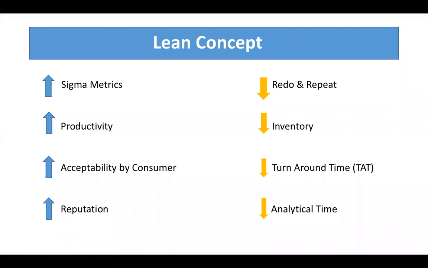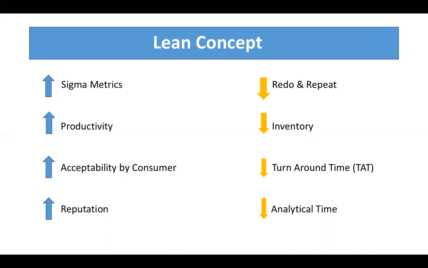But if somebody has to climb 100 stairs, it is easier for a lean person to climb those. So what is the meaning of lean concept here? We are removing wasteful expenditure. We are removing extra waste from our laboratory.